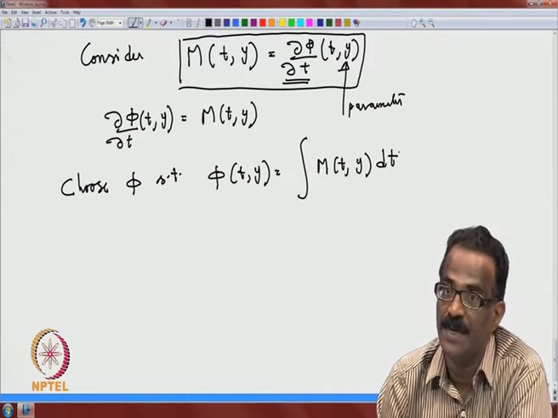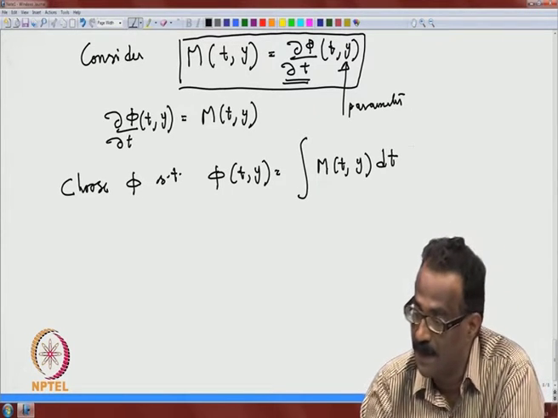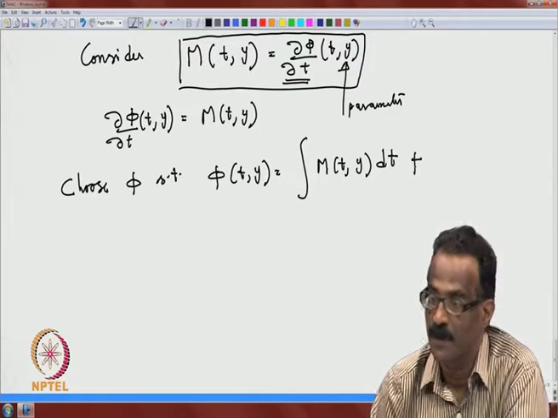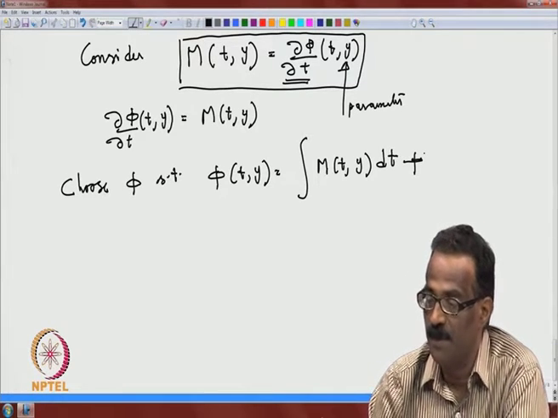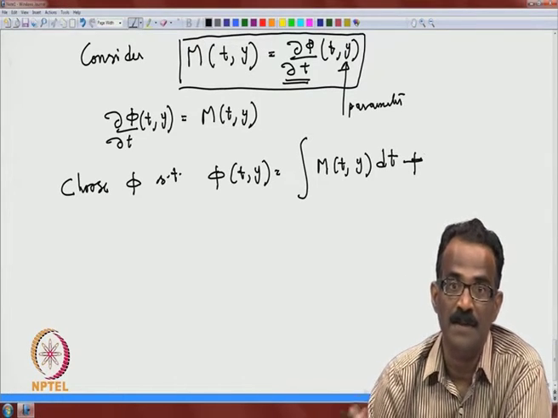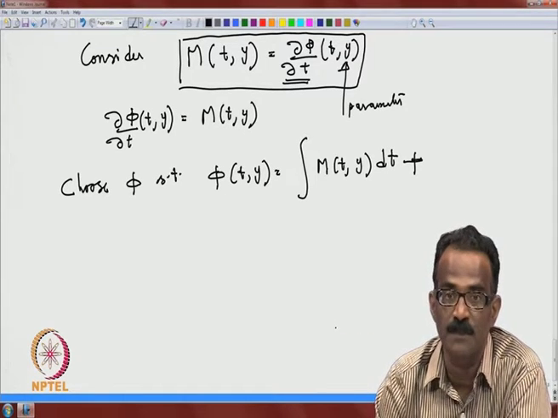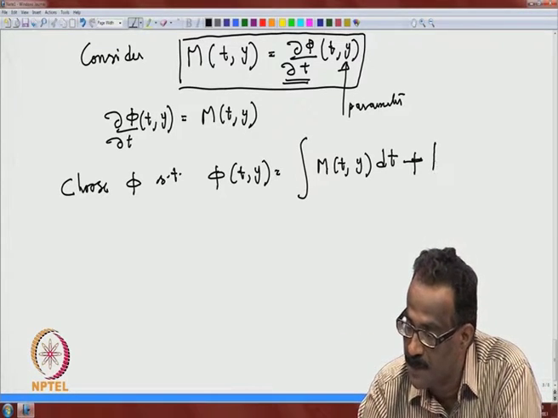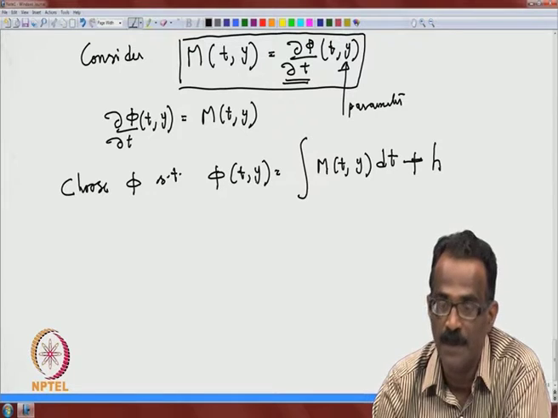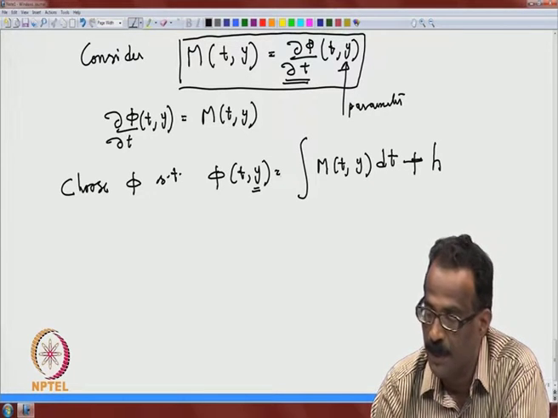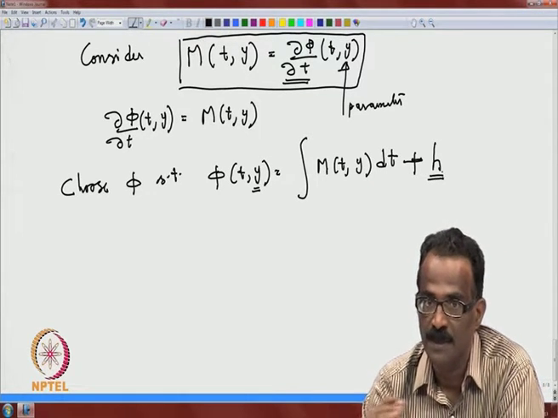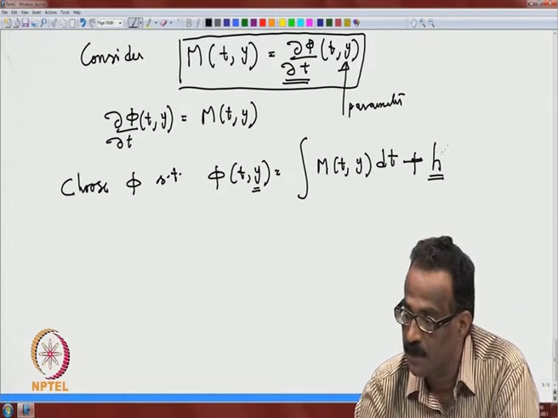But of course, when you integrate, there will be an integration constant, that is where the difference comes. That constant will depend on this parameter. For each fixed parameter y, you will have a constant h. When the parameter changes, this constant changes.